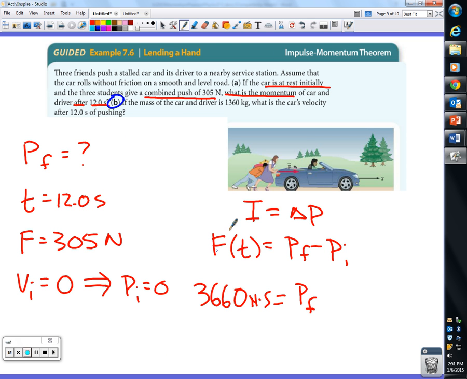Right? Part B. What is the car's velocity after 12 seconds? If it's asking you for velocity after 12 seconds, what's it asking you for? All right. In the previous problem, we calculated what?